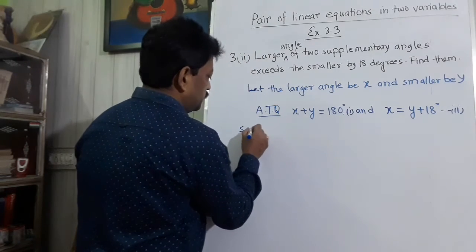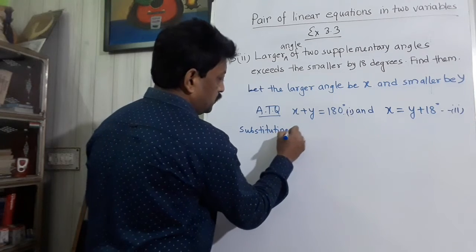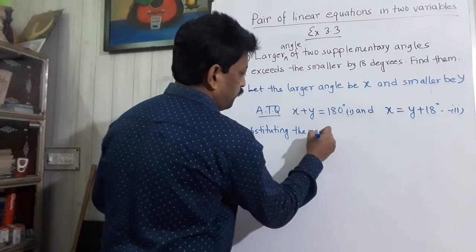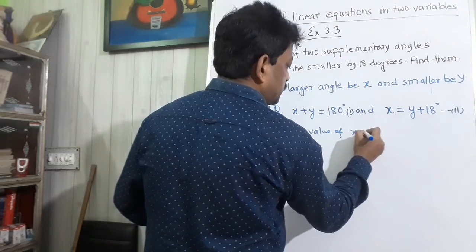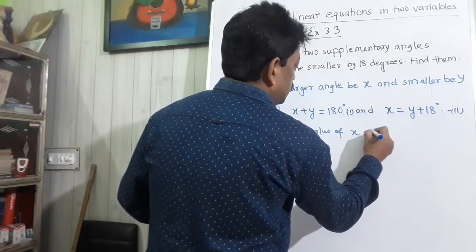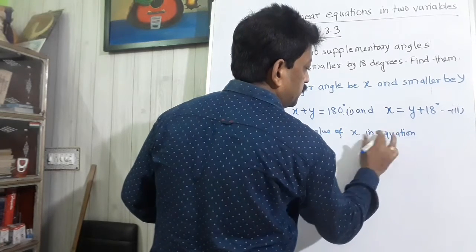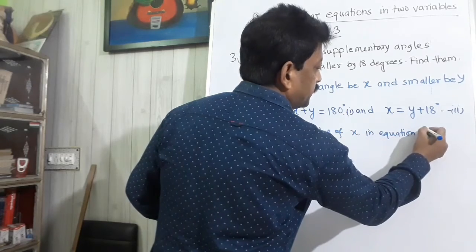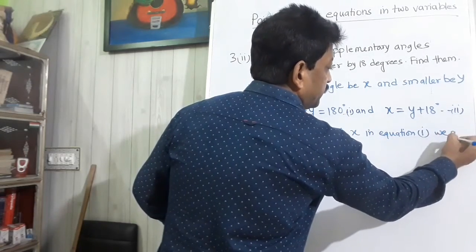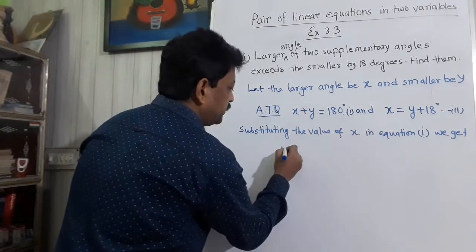So substituting the value of x in equation 1, we get, in place of x I have to write y plus 18.